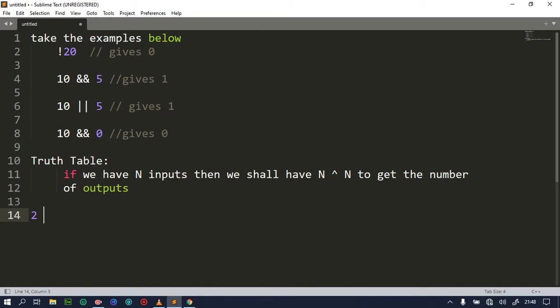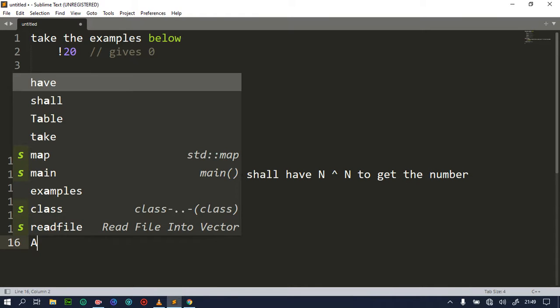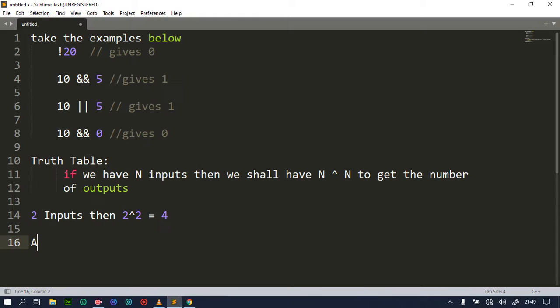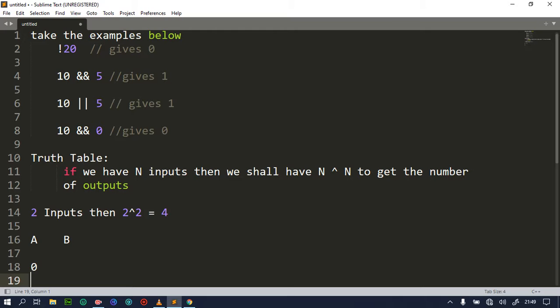It means if I have 2 inputs, then it will be 2 to the power 2, and 2 to the power 2 equates to 4. What do I mean? I have a, then I have b. Okay, those are my inputs. So with binary logic, there is a possibility that a can be 0, there is a possibility that a can be 1.